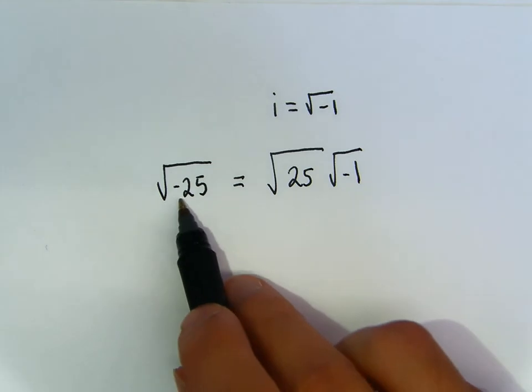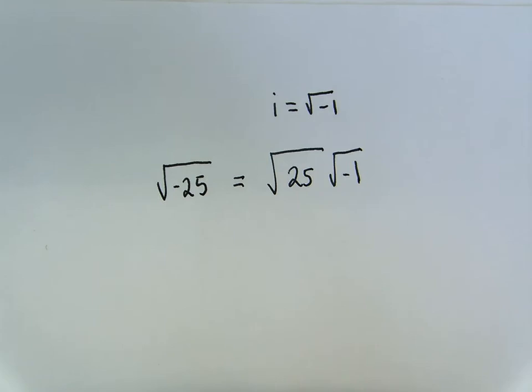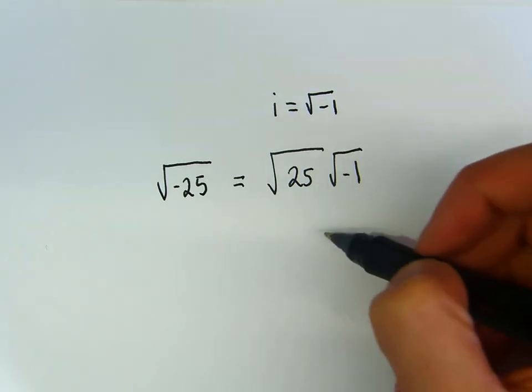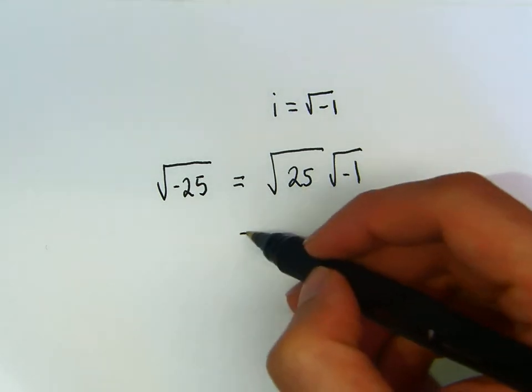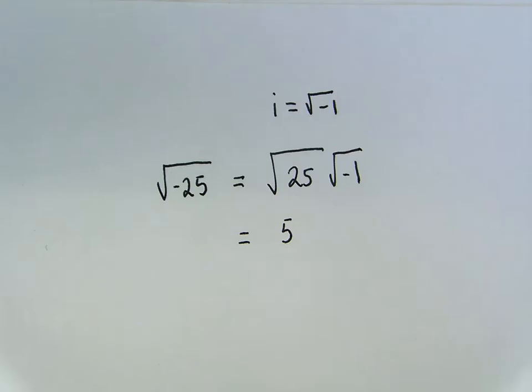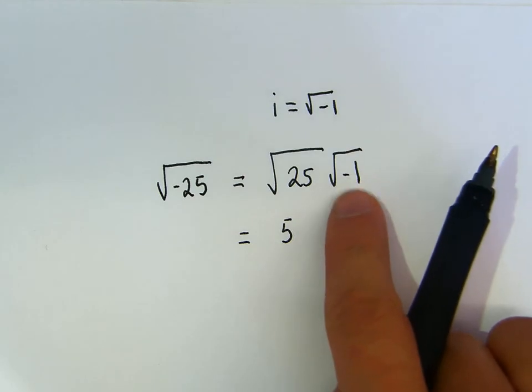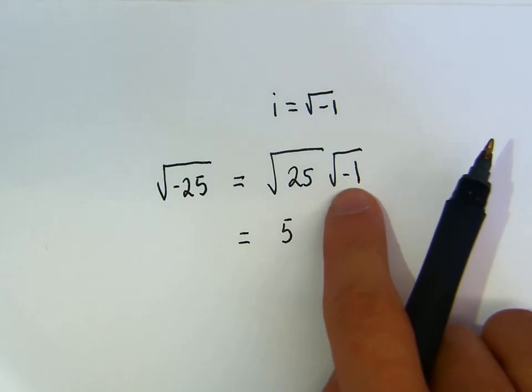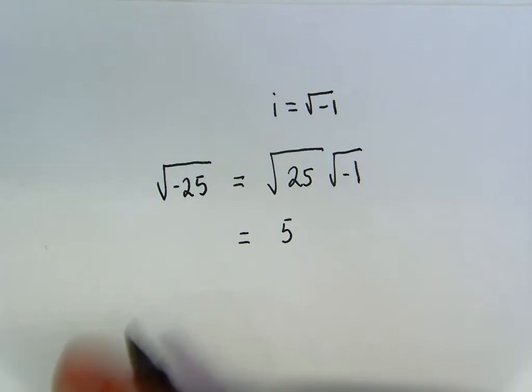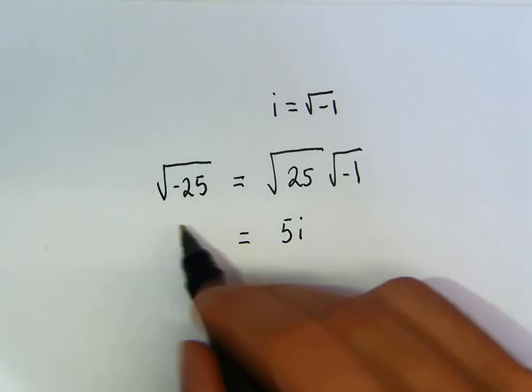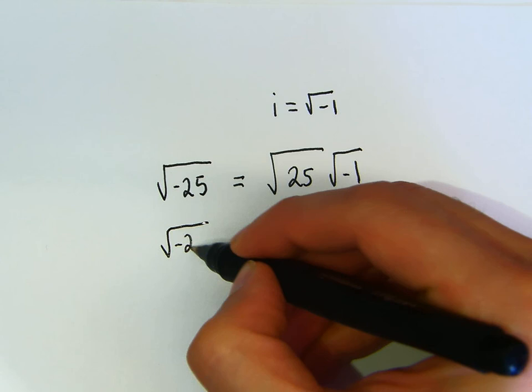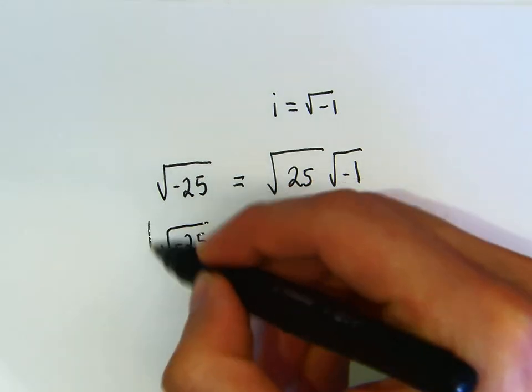I could break this radical like this. But do we know what the square root of 25 is? We do. It's 5. Do we now have a definition for what the square root of -1 is? We do. It's I. So now we know that the square root of -25 is 5i.